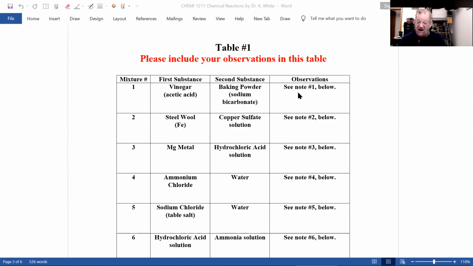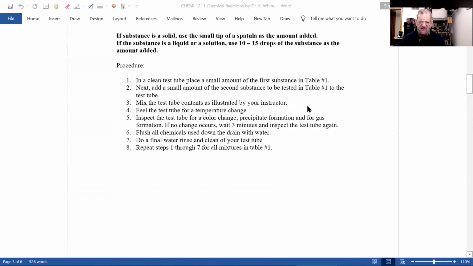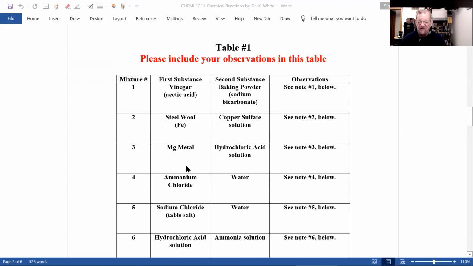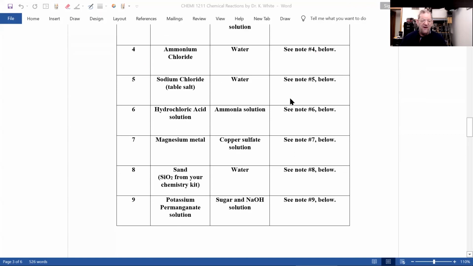It got cold or hot? Or the last one, was there precipitate? I think I covered all of them. Let's go back up here. Color change, gas form, precipitate, temperature change. And whatever you see in the video, or if you do it yourself, you write it right here. If there's no change at all, well, you write that. And you try all these.